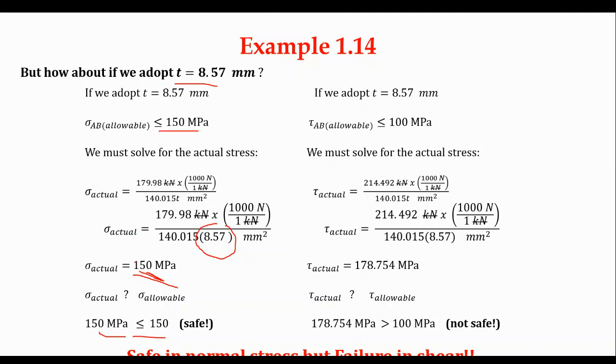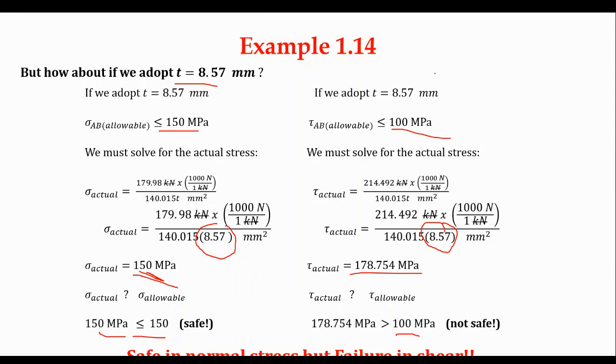But how about sa shearing? Sa shearing, ang thickness diri instead of 8.57 ang gi-substitute. Then we can actually solve now the actual stress: 178.754 megapascal. So as you can see guys, 178.754 is way bigger than the allowable shearing stress na 100 megapascal.